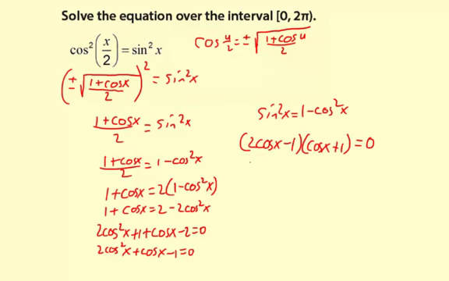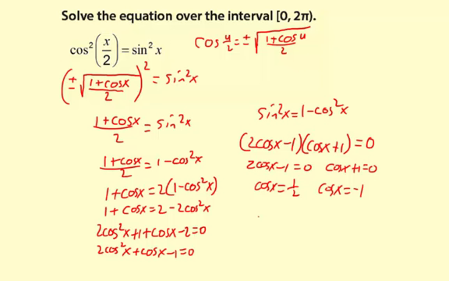Okay, so zero product property is next. 2 cosine of x minus 1 equals 0, and cosine of x plus 1 equals 0. So I'm going to solve for x here. Cosine of x equals 1/2, because I add 1 and divide by 2, and cosine of x equals -1.